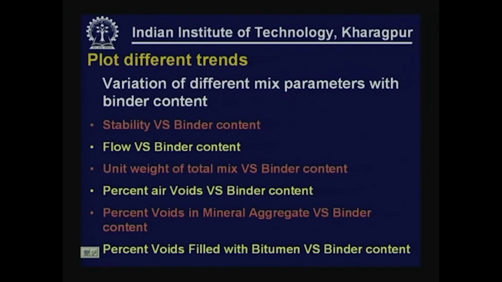This can be selected by observing various mix parameters with binder content. What we normally examine is how stability varies with binder content, how flow varies, how the unit weight of the total mix varies, and the variation of percentage of air voids, percentage voids in mineral aggregate, and percentage voids filled with bitumen.